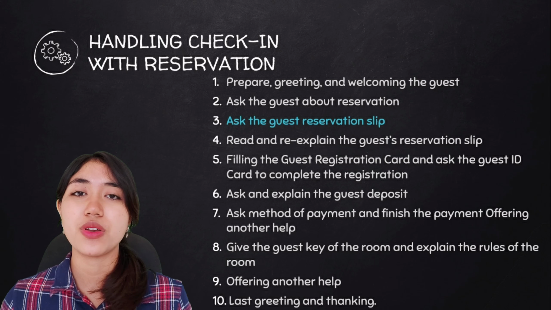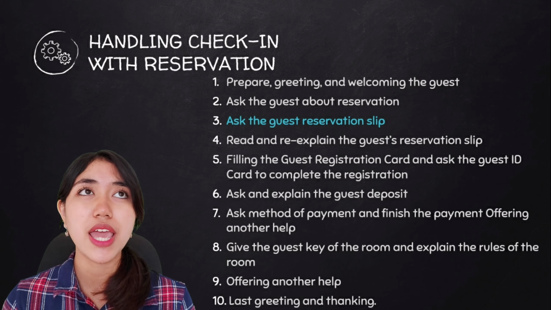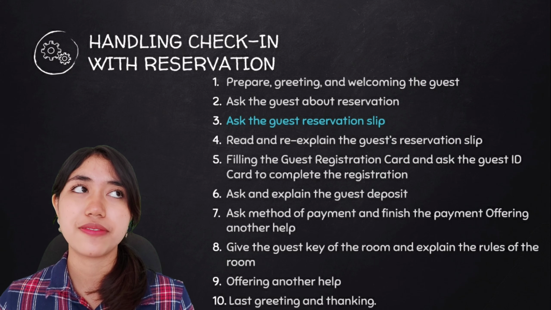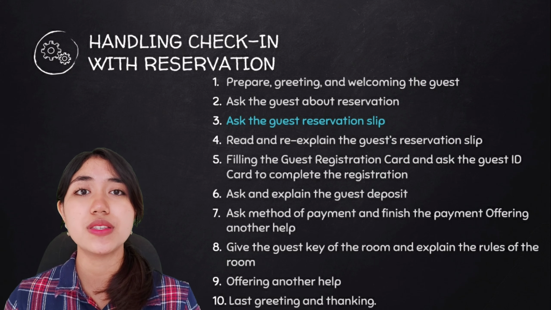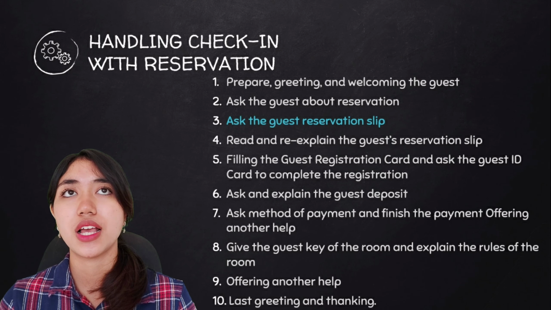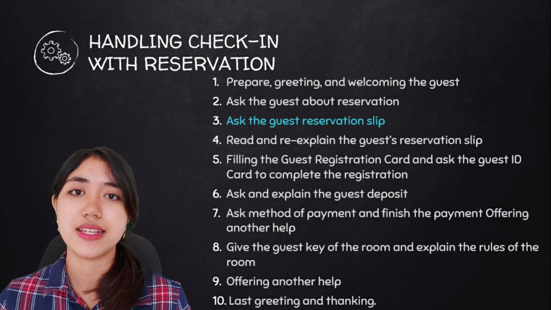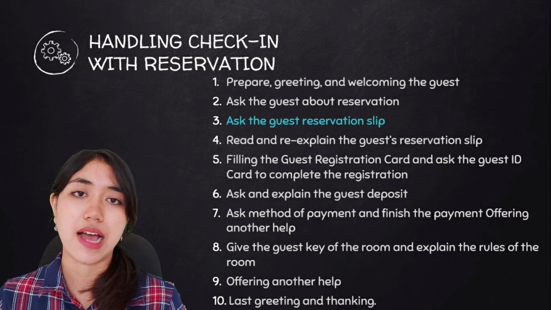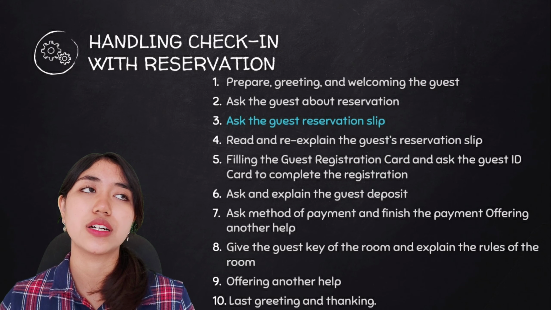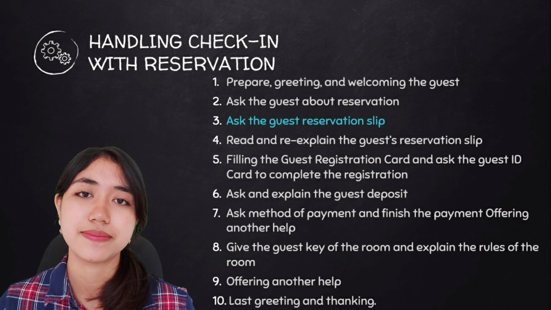Okay, here as the front office, we have to make sure that the guest already booked a room and the guest has the reservation slip. Usually the front office will take some notes of the number of the reservation and which room was chosen by the guest as administrative data, and the reservation will contain the room that has been chosen by the guest.